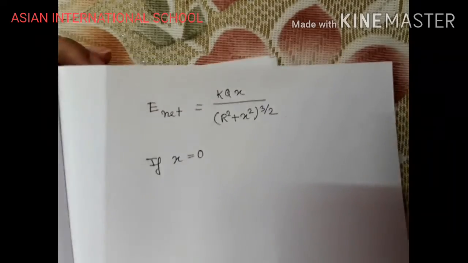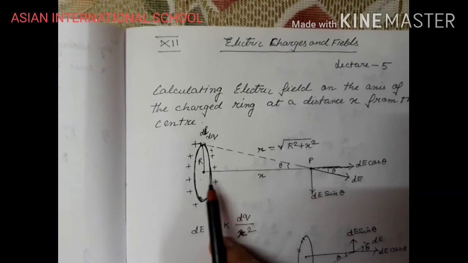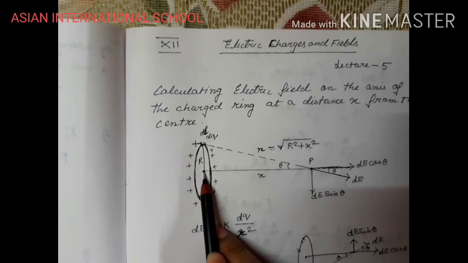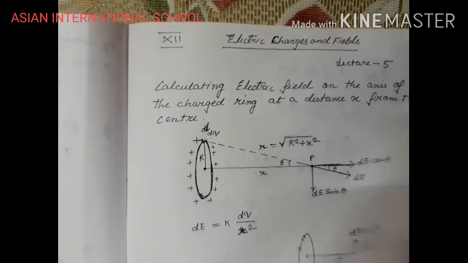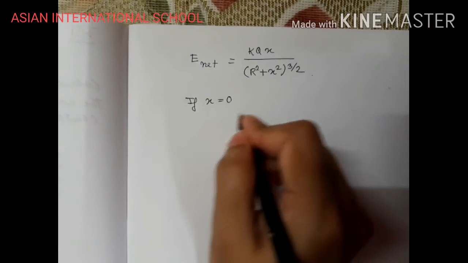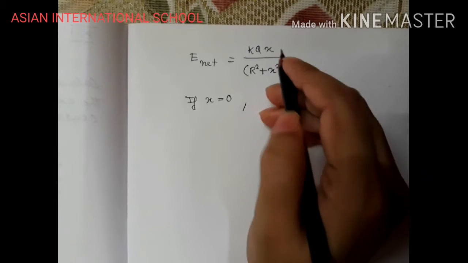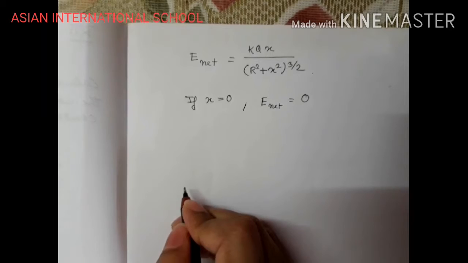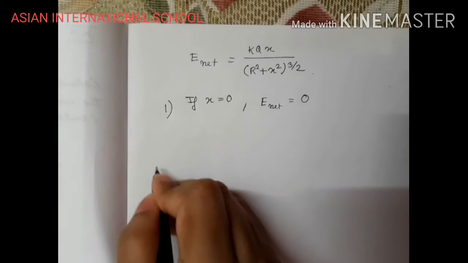Let us move to the previous diagram. If x is 0, this separation is not there. That means we are at the center of the ring. Do we have any charge at the center of the ring? No, the charge at the center of the ring is 0. So the electric field intensity should also come 0 at the center. If I put x as 0 here, my electric field comes 0. This is your condition 1.